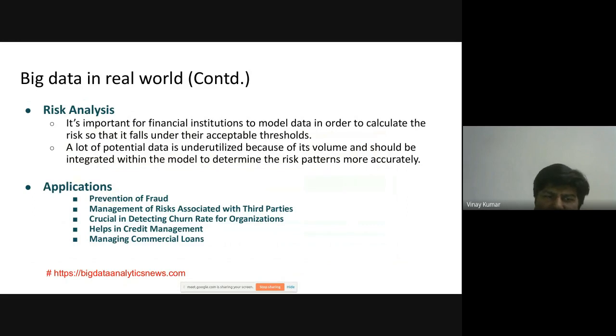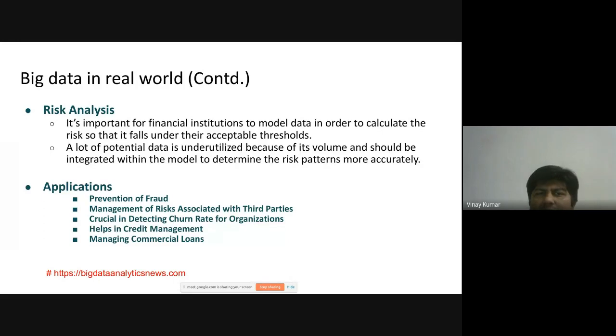So what is risk analysis in big data? Utilization of big data has the potential to improve your organization's risk management strategy. It allows you to adopt a predictive approach which increases the accuracy of threat detection.